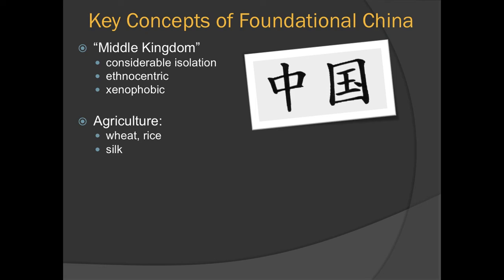It's not grown in the sense that it's a plant. Silk comes from silkworms. Silk thread is produced from the cocoons of silkworms that live off of mulberry leaves. Very specific in terms of what these silkworms eat.